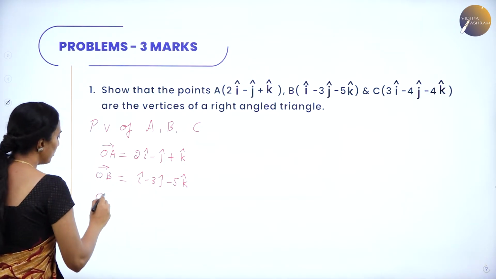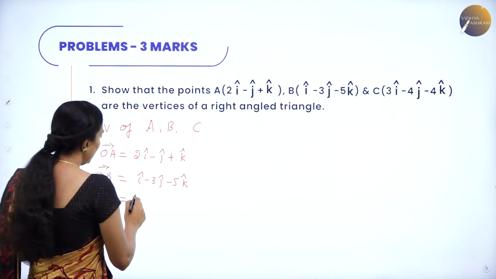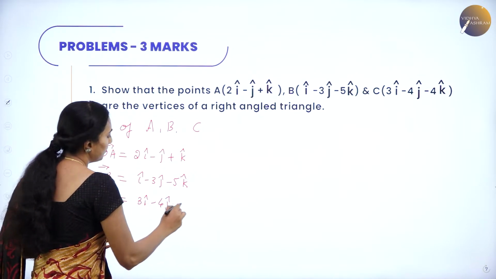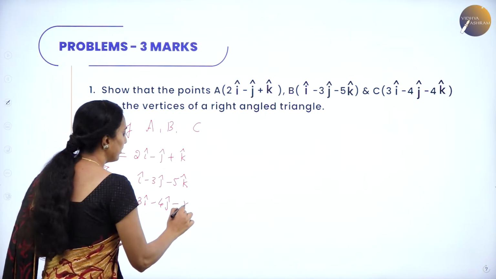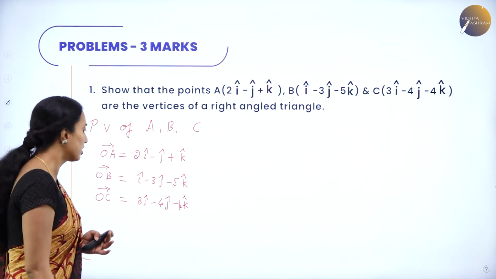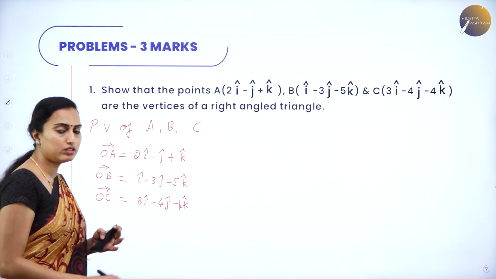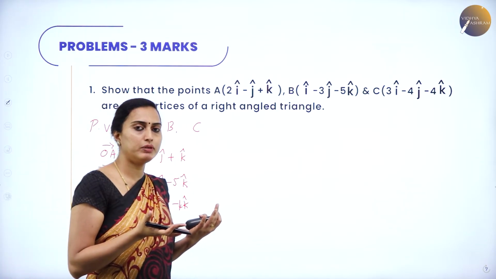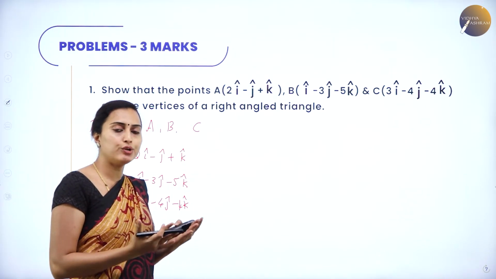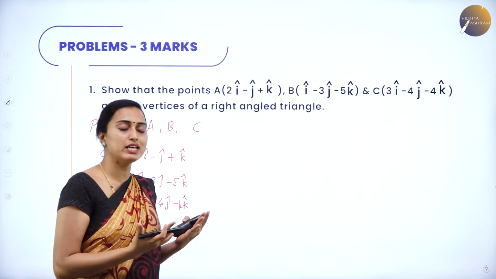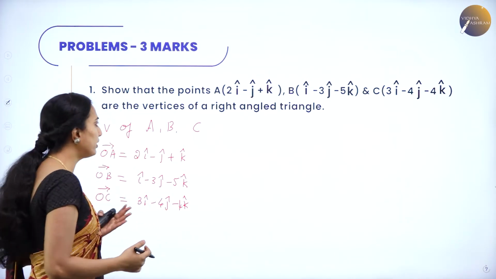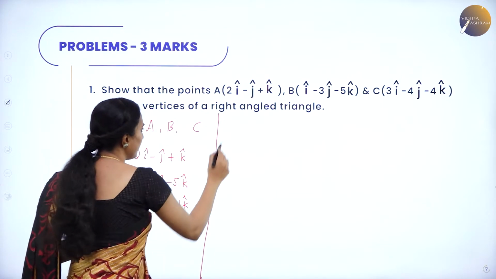Similarly, OC vector is given by 3i minus 4j minus 4k, right? So these are the position vectors. Now you need to find out the magnitude of hypotenuse squared is equal to magnitude of opposite squared plus magnitude of adjacent squared. That's what, right? So let me find out first what is AB vector. What is AB vector?